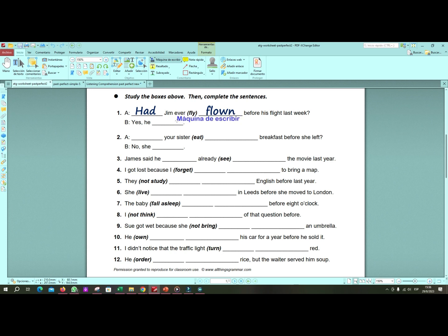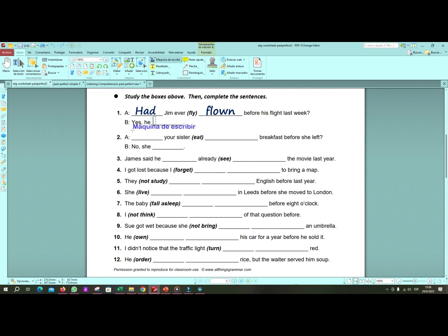The adverb, right? Then you have fly between parentheses, and the verb fly in past participle is flown, right? So, had Jim ever flown before his flight last week?